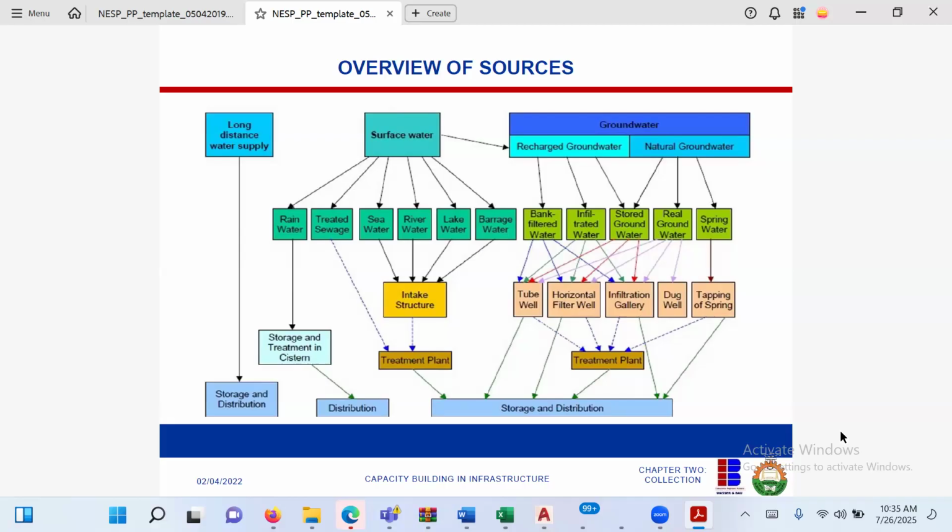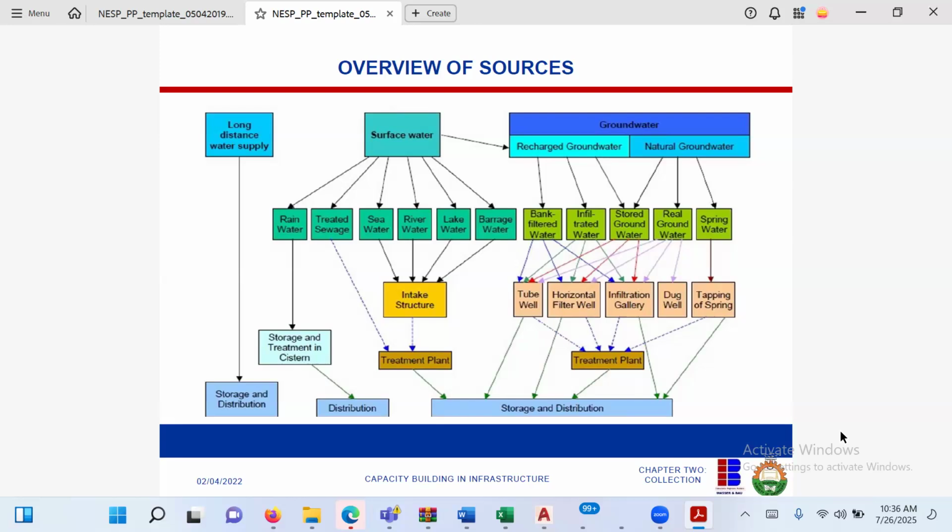Then the next one is the one we all enjoy in Nigeria, and that is the natural groundwater. You just go in there and dig, and in some places in the southwest, they have a lot of spring water. I know of that one, including Warm Spring. So irrespective of how it comes, for the bank infiltration well, you have what they call the tube well.